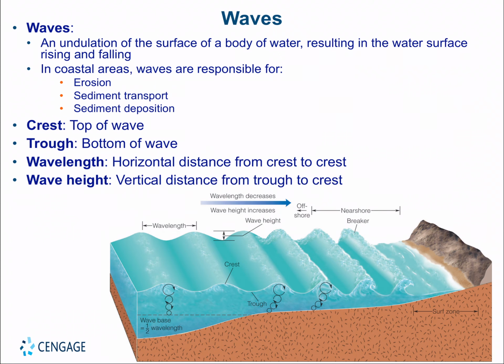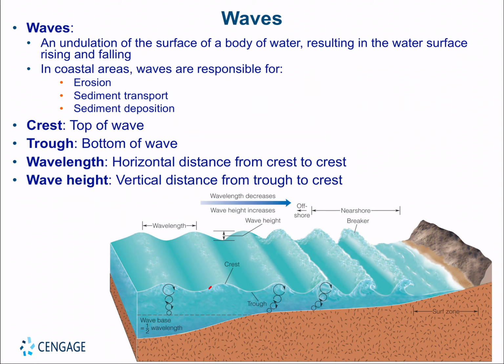So what is a wave? It's an undulation, a disturbance of the surface of a body of water, and it results in that water surface rising and falling. So in coastal areas, your waves are responsible for erosion, sediment transport, and sediment deposition.